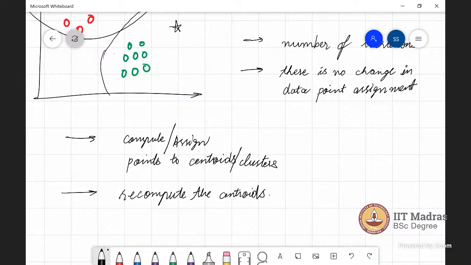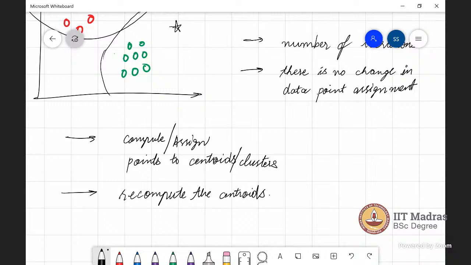Got it, sir. So the number of iterations is also a hyperparameter, right? Why does that have to be? If we don't fix it, will it continue to keep happening? It will not optimize on its own, is it? So if we did not limit the number of iterations, the algorithm would keep going.